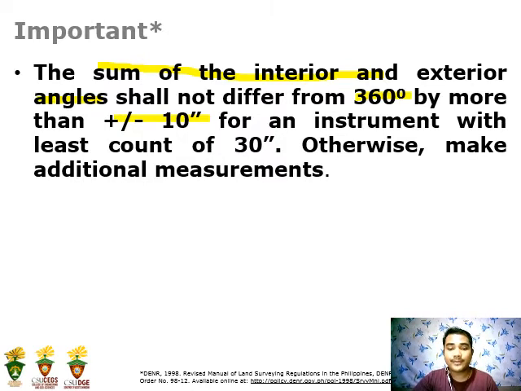So if the sum exceeds or falls short of 360 by more than 10 seconds, you make additional measurements or rerun. Since an instrument such as a transit has a least count of 30 seconds, it should not have a discrepancy of plus or minus 10 seconds. Otherwise, make additional measurements.